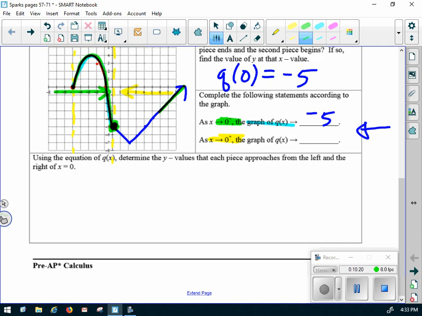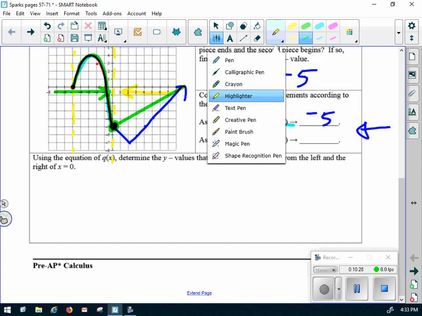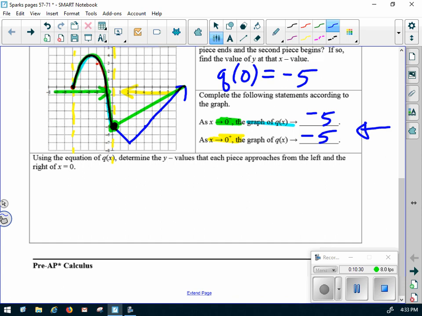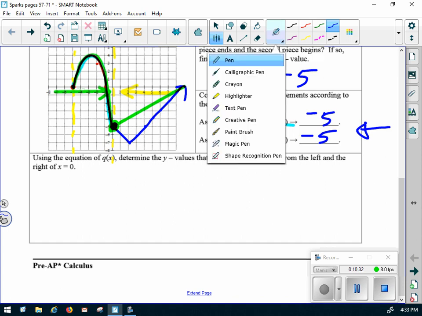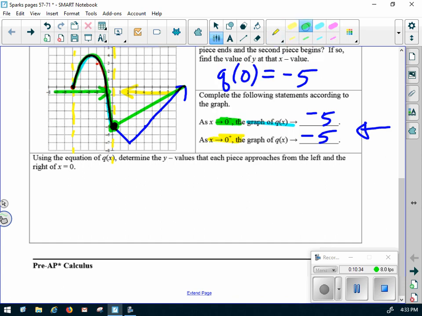As x is getting closer and closer to 0 from the right, look right here, the y values are also approaching -5. So again, what does this say right here? As x approaches 0 from the right, that means as x approaches 0 from numbers that are bigger than 0, then the graph of q of x is approaching -5.